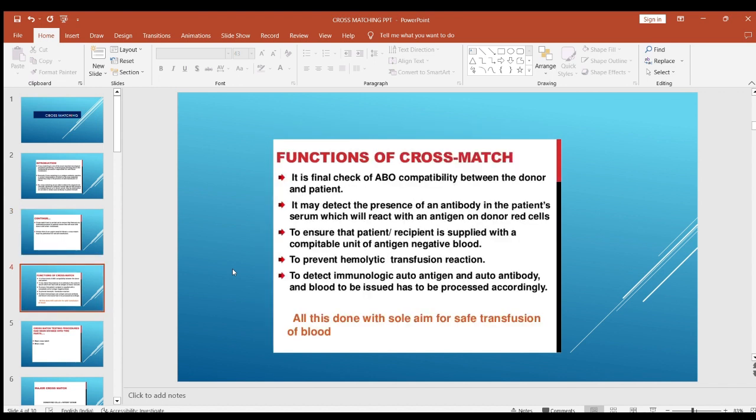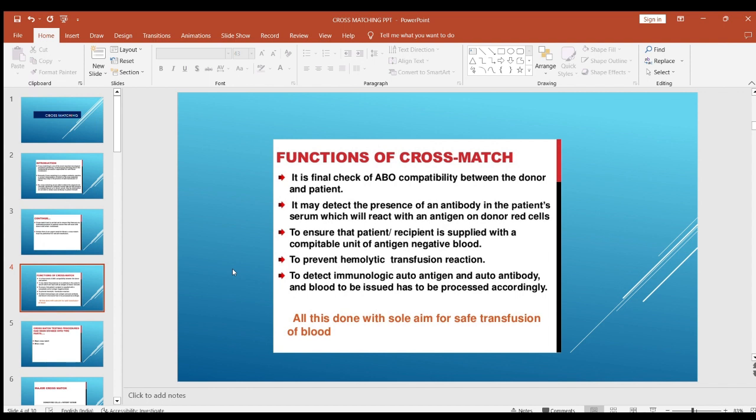transfusion. Functions of cross-match. It is the final check of ABO compatibility between the donor and patient. It may detect the presence of an antibody in the patient's serum which will react with an antigen on donor red cells.